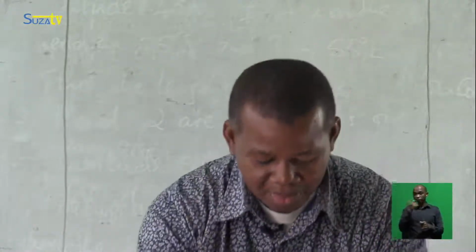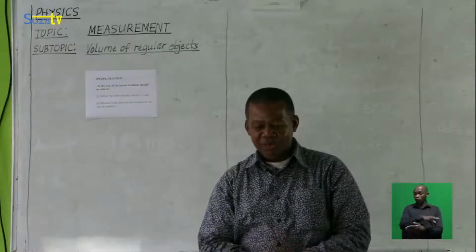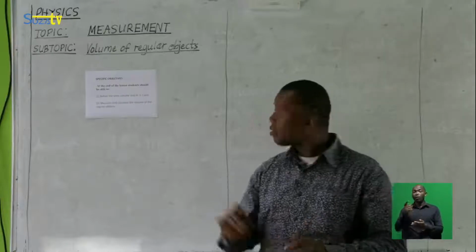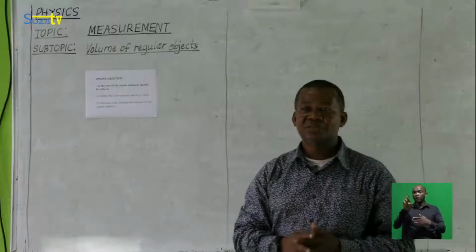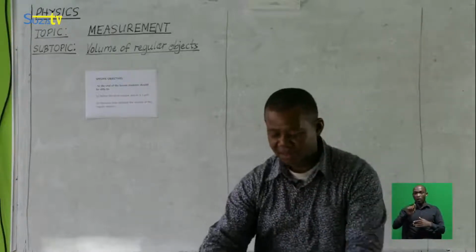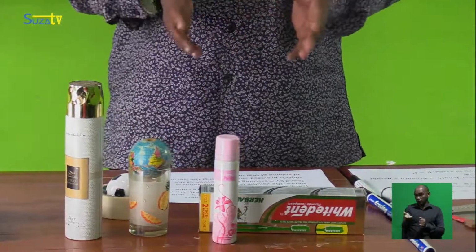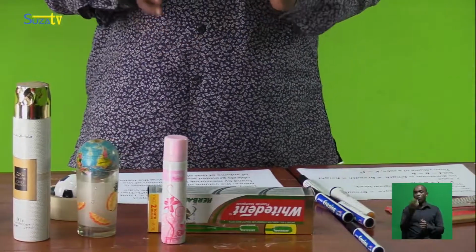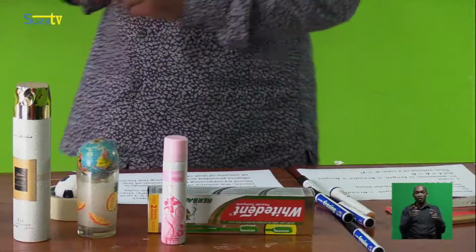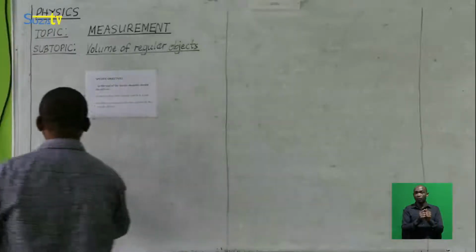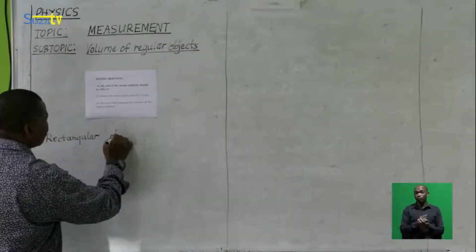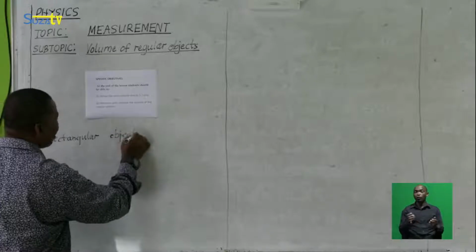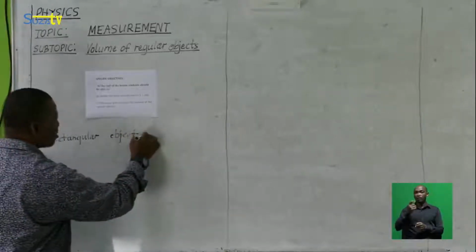So we have different objects. From those objects, what is our aim? It's just the volume of regular objects. So these objects are regular objects. We have three different things. The first one, we have the rectangular object, which is a box.